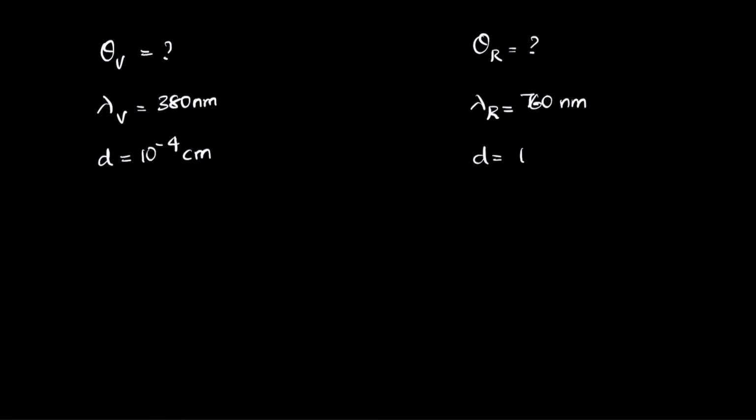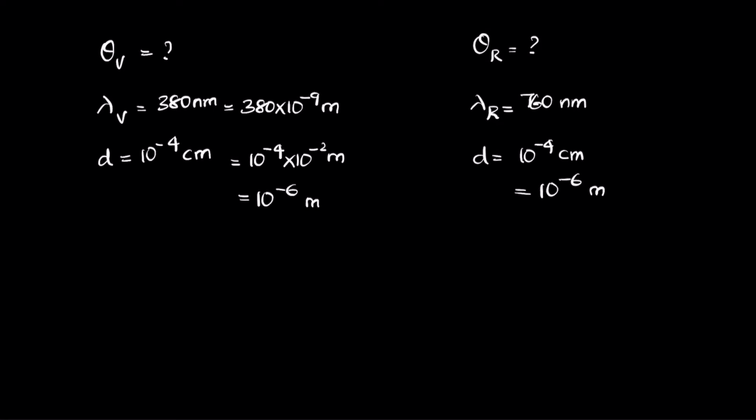Convert all of the units into one single unit, which is meters. So lambda v is 380 times 10 power negative 9 meter. d is 10 power negative 4 times 10 to the power of negative 2 meter, so that becomes 10 power negative 6 meter. And lambda r is 760 times 10 power negative 9 meter. So we have converted everything into clear units.